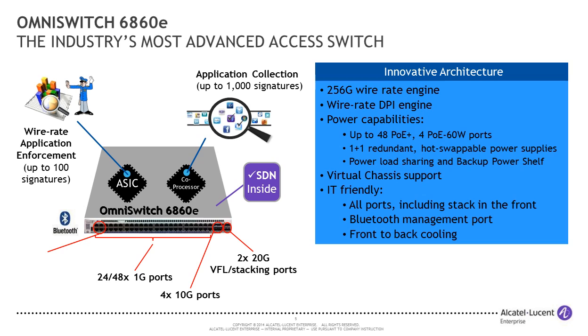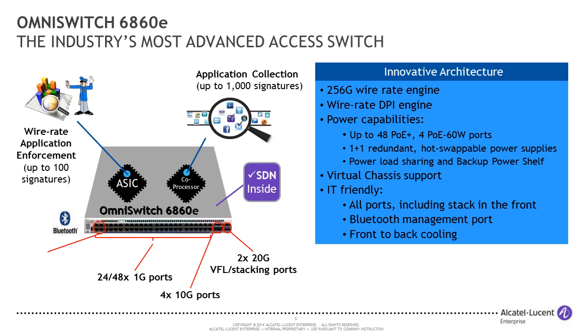So the idea of application collection is that it will give you visibility of up to 1,000 different independent applications on your network. That visibility can be reported on.